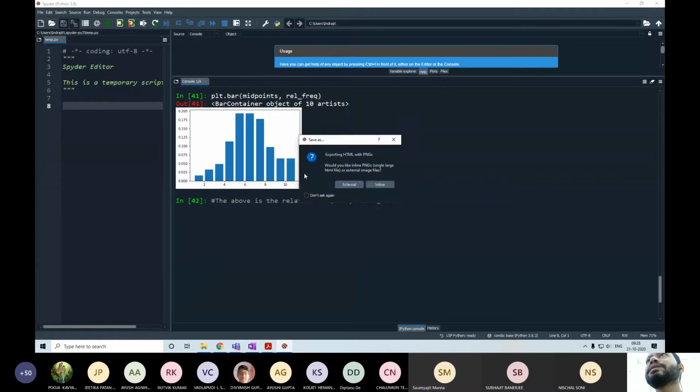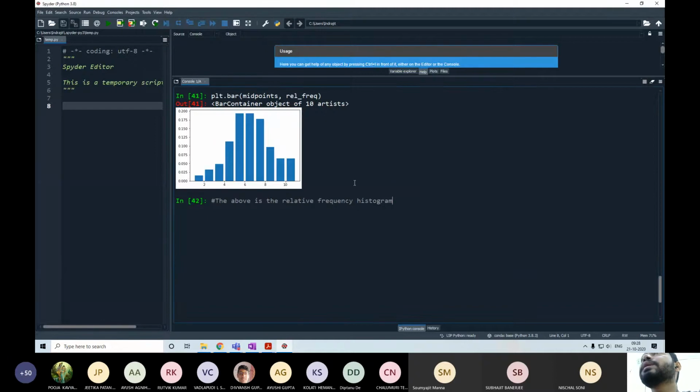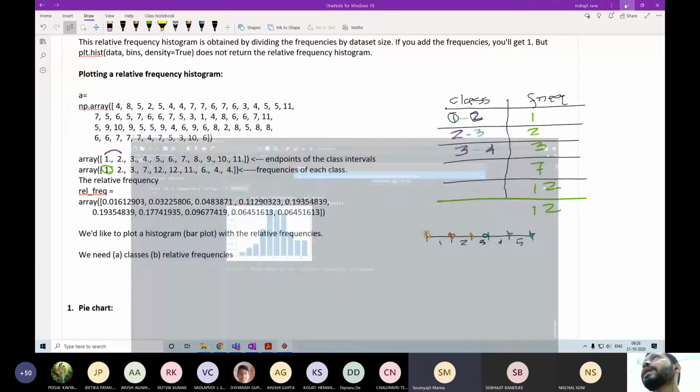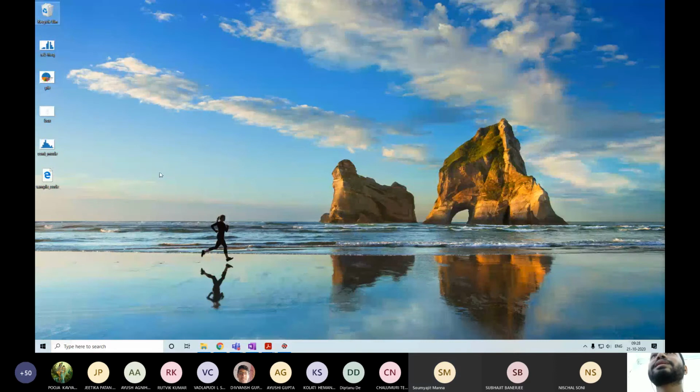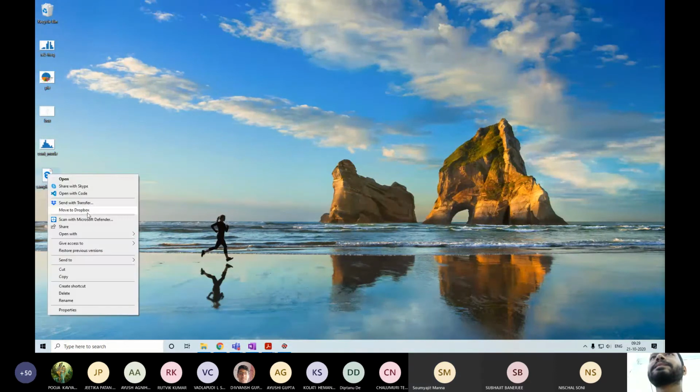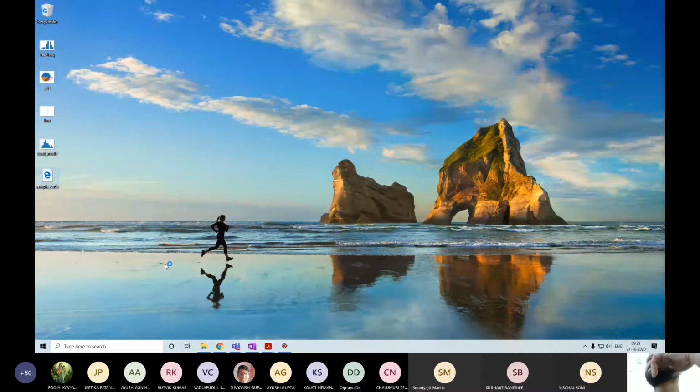Okay. Let's save this. Okay, inline. All right. So let's see if it worked. Sir, please share with us and we can check if it is working. Yeah, let me double check. I have this sample code here, and this is an HTML file, by default to open with your browser.